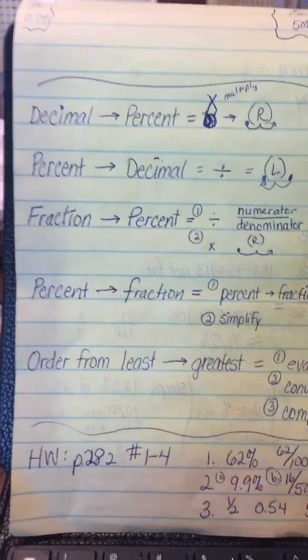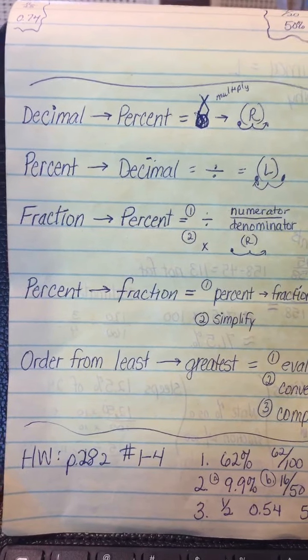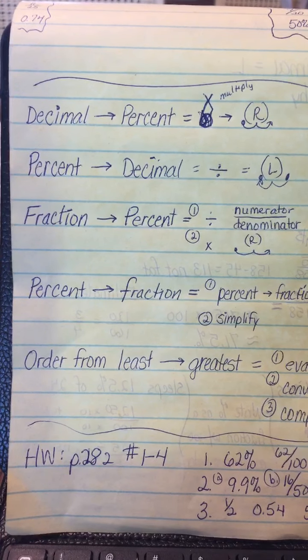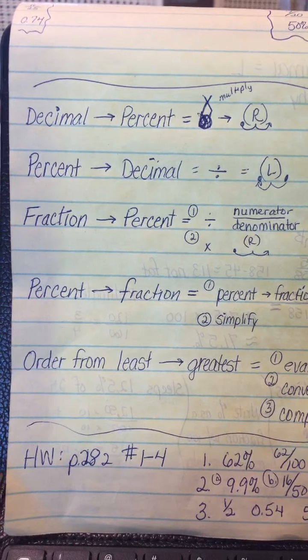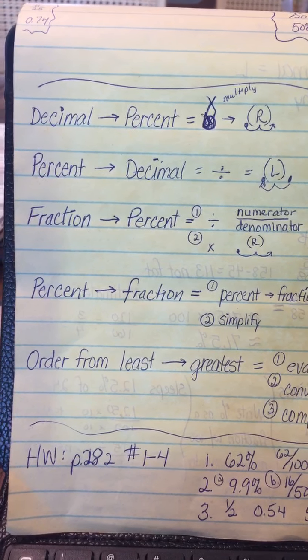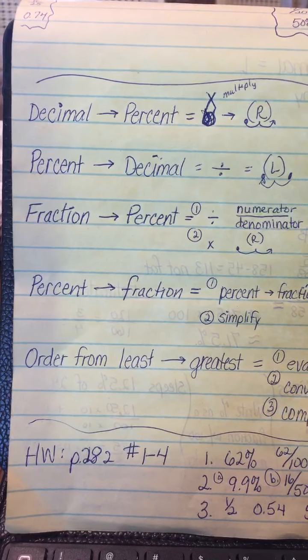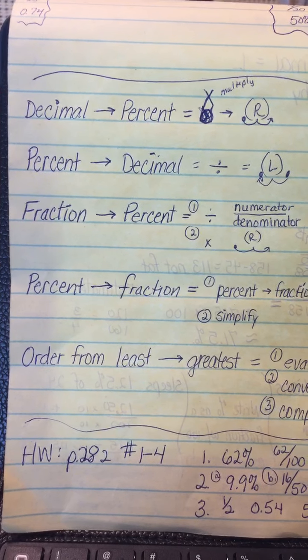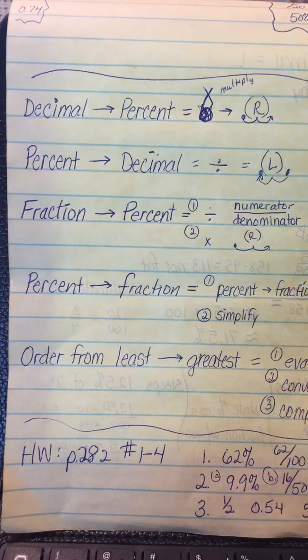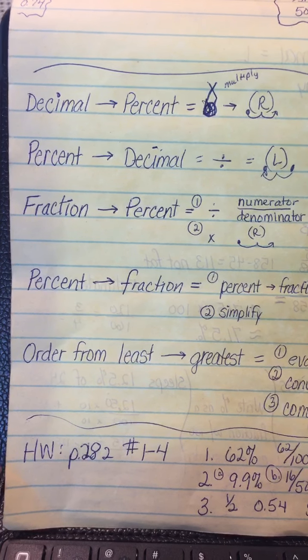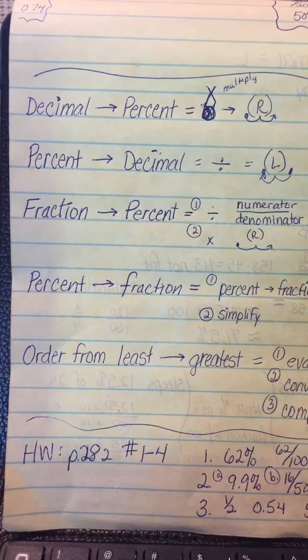I want you to write these down on a piece of paper because in a few days we're going to go to the next lesson, and even in the next lesson you're going to refer back to this list. You're also going to refer back to it in all of your homework today and tomorrow. All right? So go ahead and write it down here. You can do it just as I did it, or you can take it out of your book.